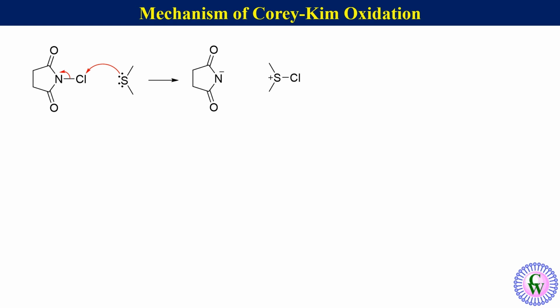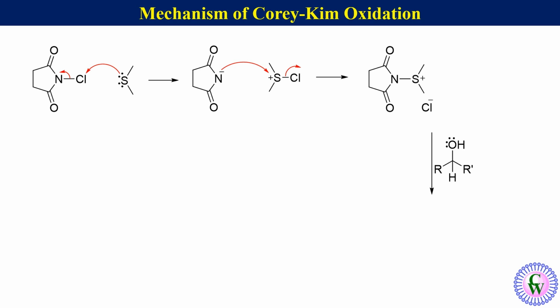Chlorodimethyl sulfonium ion is very reactive, which immediately reacts with succinimide anion to produce N-dimethyl sulfonium succinimide and chloride ion.